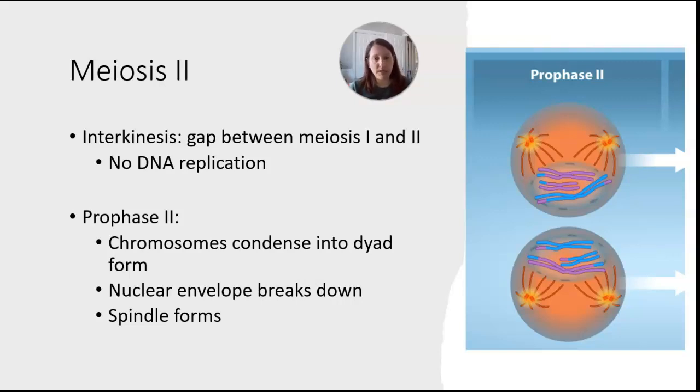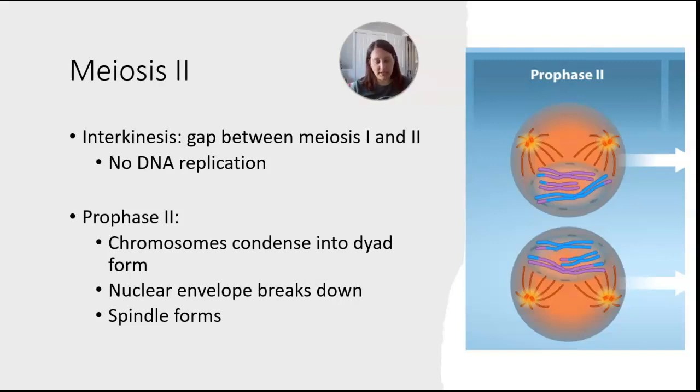The key thing I want you to remember is that the cells would be alive and doing things, normal metabolism, but DNA replication does not happen again here. That's a key thing I want you to understand. The only time DNA replication occurs is in interphase, which precedes meiosis 1.